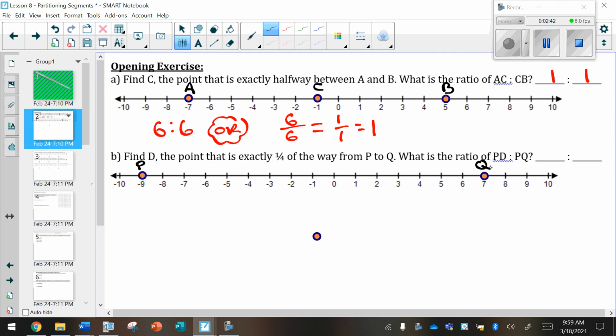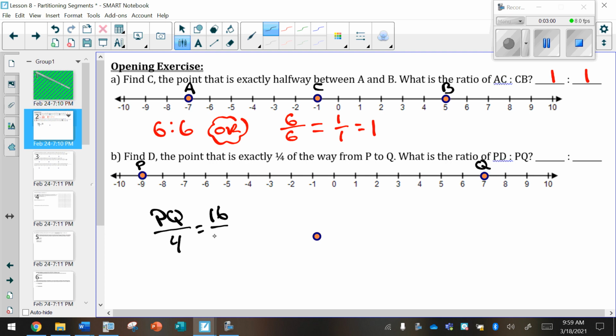1/4 of that distance means to count the distance from P to Q and divide it by 4. So we know where to put the location for D. 1, 2, 3, 4, 5, 6, 7, 8, 9, 10, 11, 12, 13, 14, 15, 16.